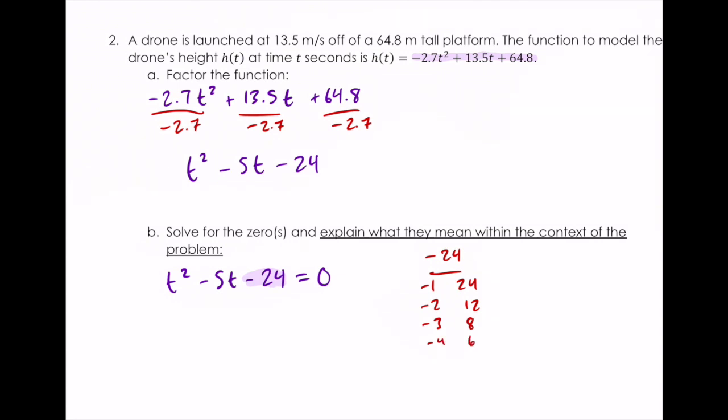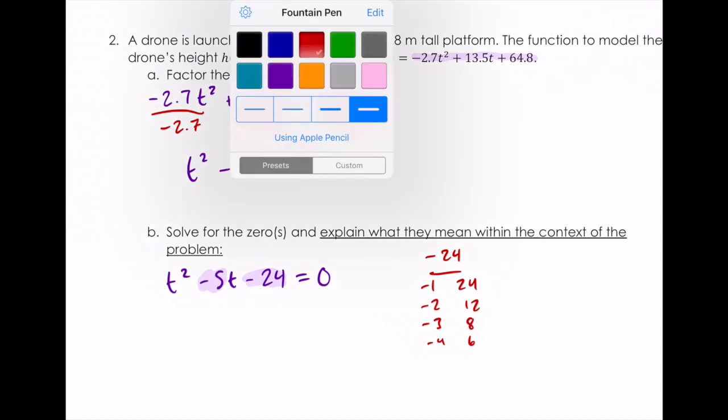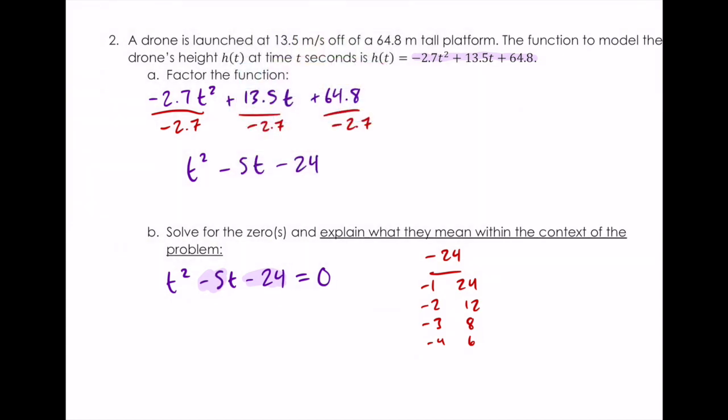We're trying to add up to get negative 5. Don't forget that negative. So if we add negative 3 and 8, we get positive 5, but once again, we want negative 5, so we're just going to have to switch these signs here. So the factors we want to use are positive 3 and negative 8.